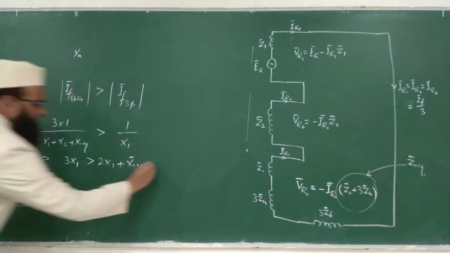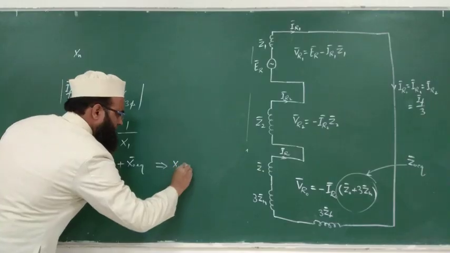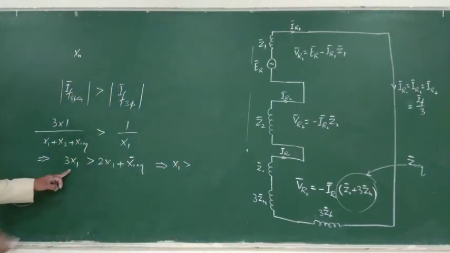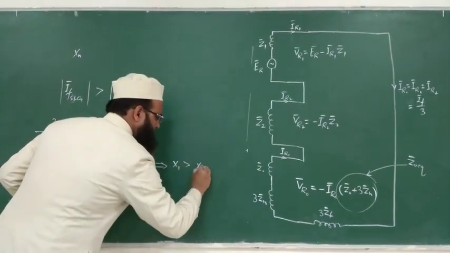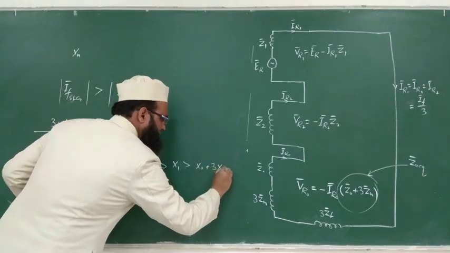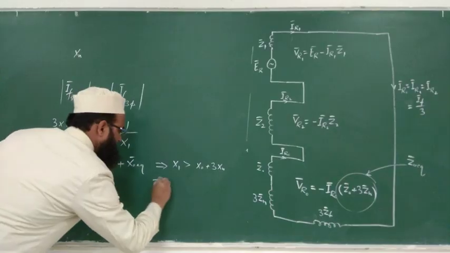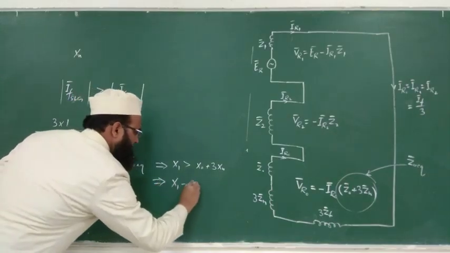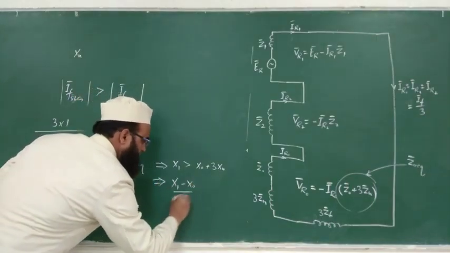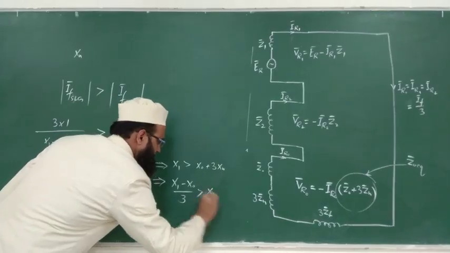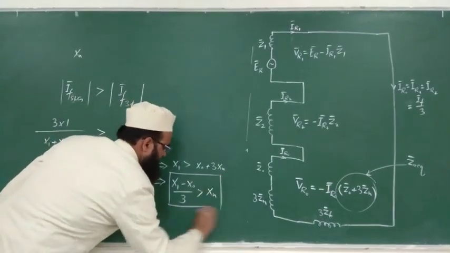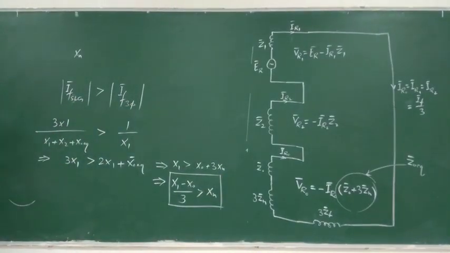This implies x1 must be greater than x0 equivalent, which is nothing but x0 plus 3 times xn, this xn, is not it? So this implies (x1 minus x0) upon 3 must be greater than xn. This is the condition on xn.